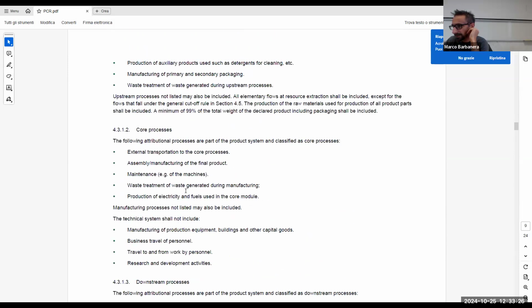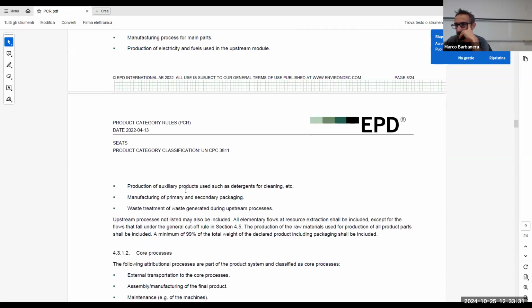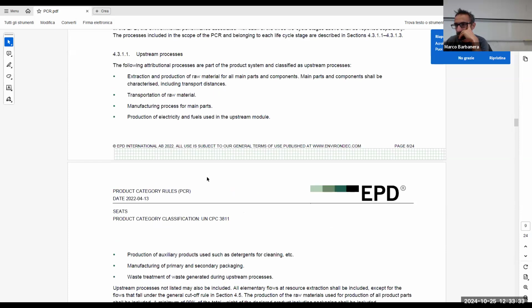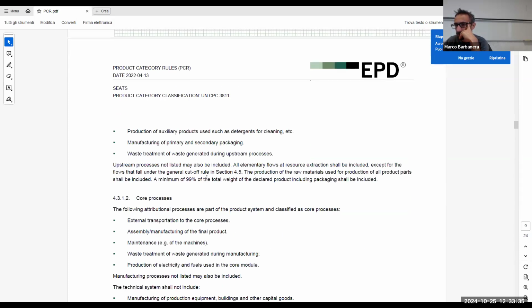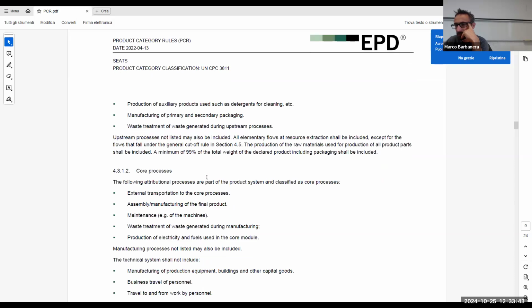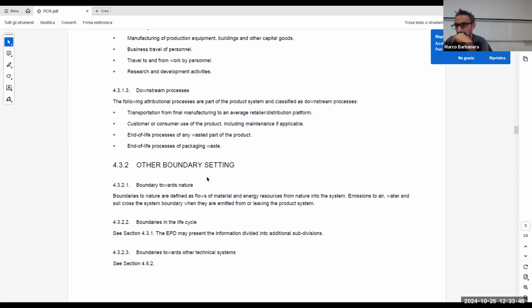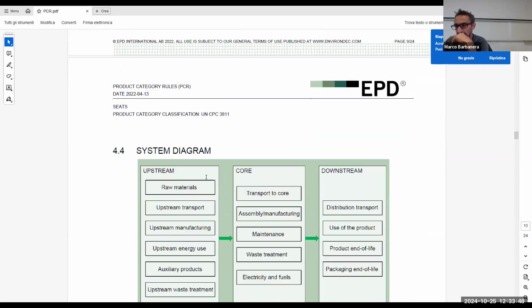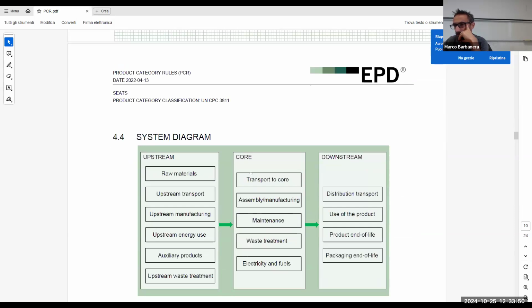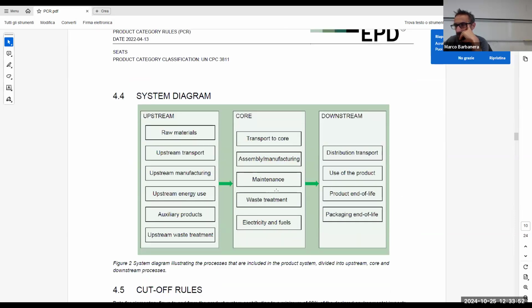So the LCA practitioner should include in the study all these processes. It's not possible to obtain this label without one of these processes in the LCA. So here you have the flow diagram of the product for this kind of product.